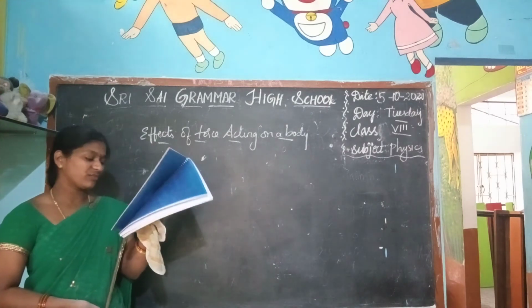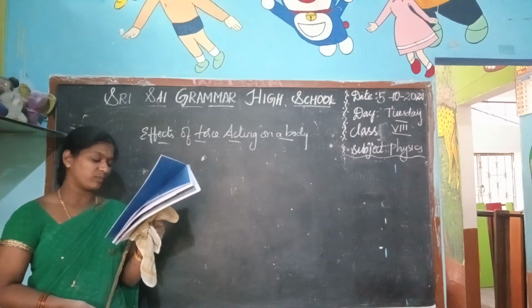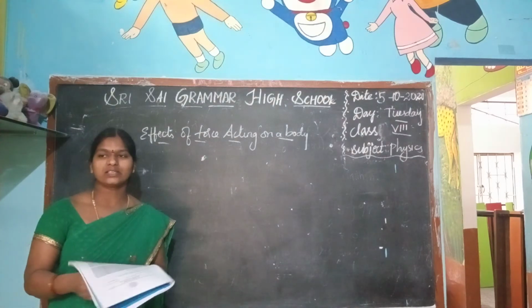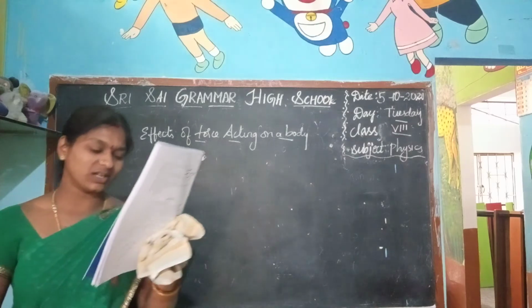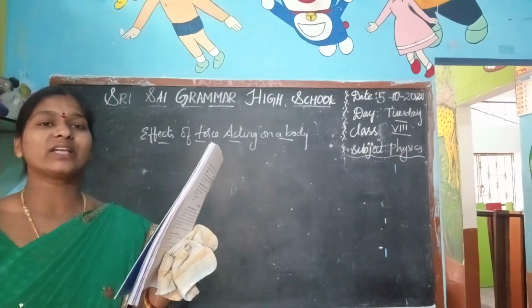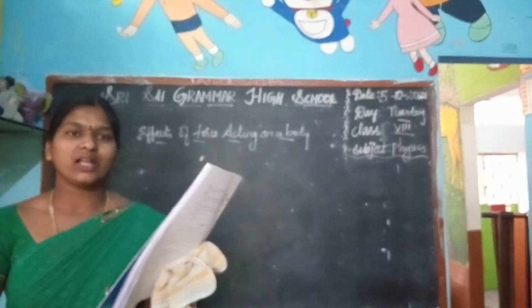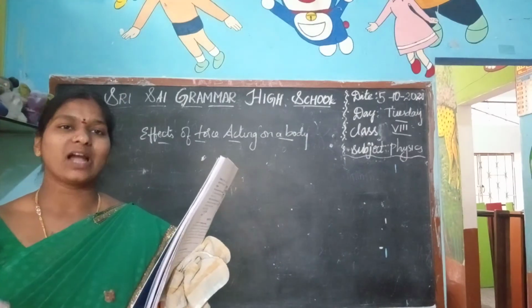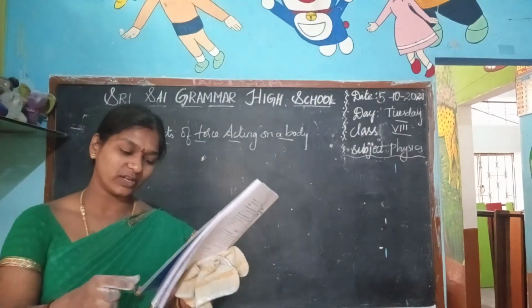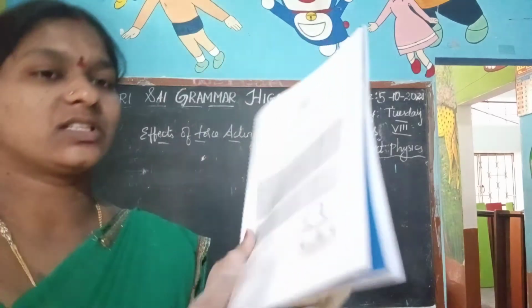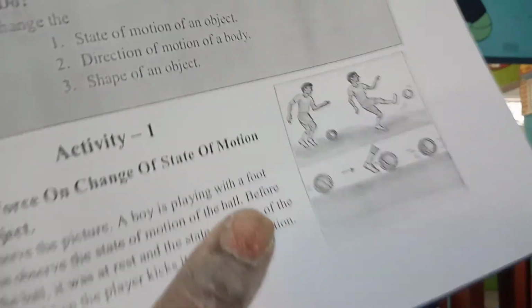Now, the effects of force on a change of the state of motion of an object. When we apply some force on a body, how is the motion going to be changed? Everyone see the picture.